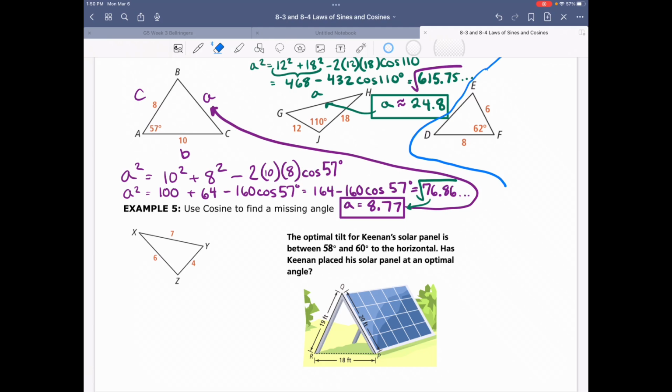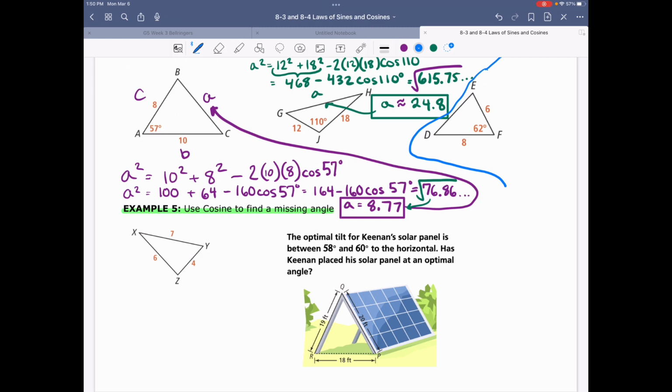For example 5, it says use cosine to find a missing angle. So what we're going to do is we're going to set up the cosine function.